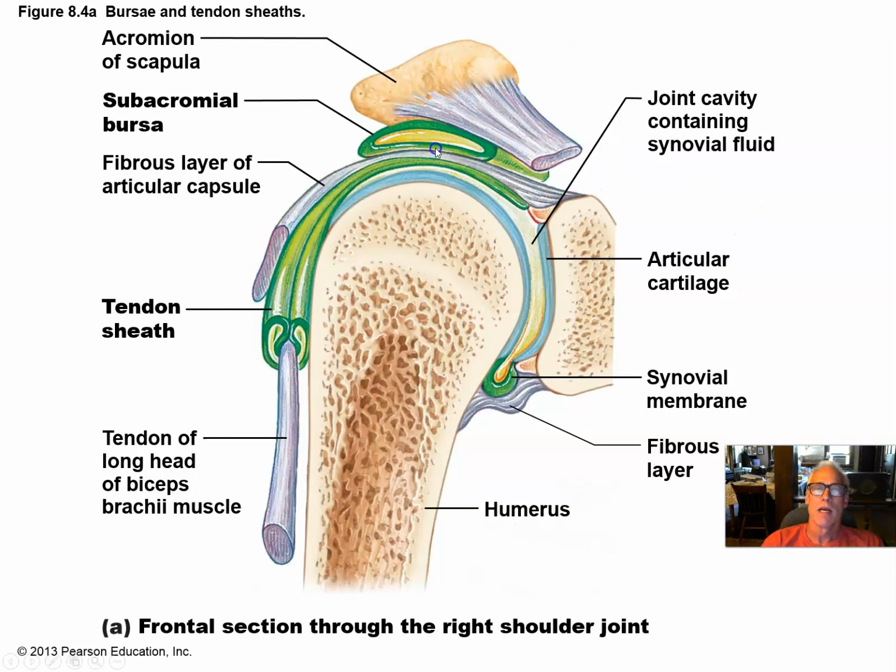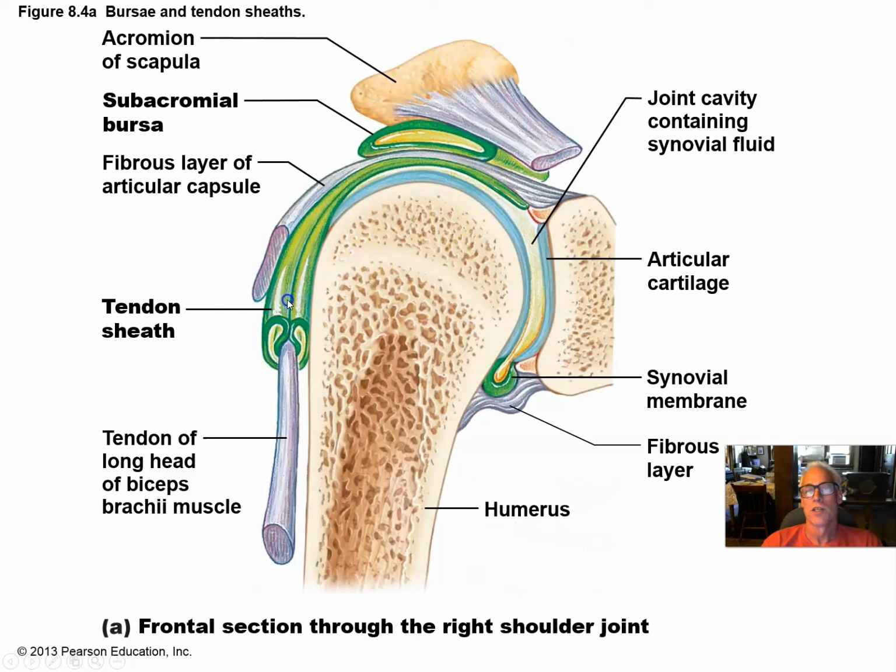And so instead of rubbing, if you put a bursa in between two neighboring structures, the bursa will just roll back and forth between those structures, and there's no friction at all. And so bursa are a wonderful adaptation to prevent friction from occurring in joints and allow joints to move freely back and forth without any rubbing and inflammation.